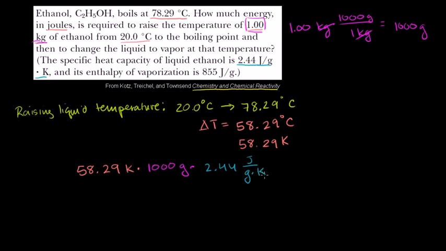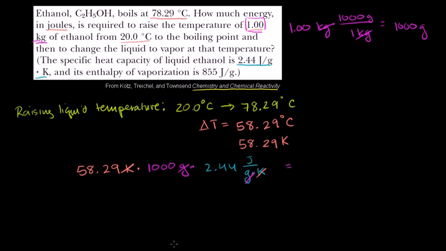This Kelvin is going to cancel out with that Kelvin in the denominator. This gram in the numerator will cancel out with those grams. And it makes sense. Specific heat is the amount of energy per mass per degree that is required to push it that 1 degree. So here we're doing 58 degrees, 1,000 grams. You just multiply it, the units cancel out. So you have Kelvin canceling out with Kelvin. You have grams canceling out with grams.